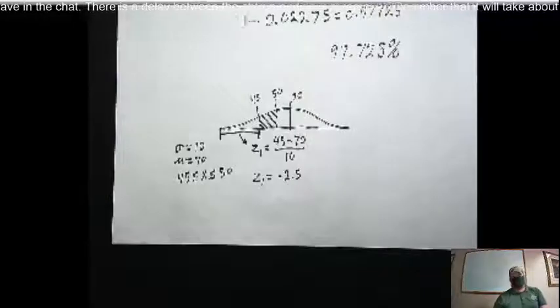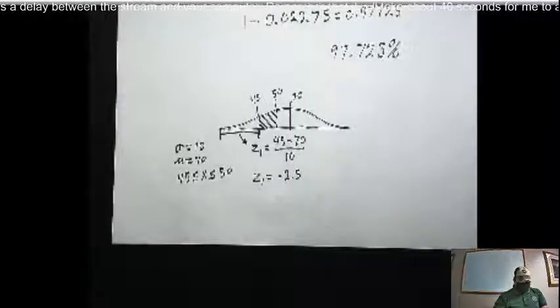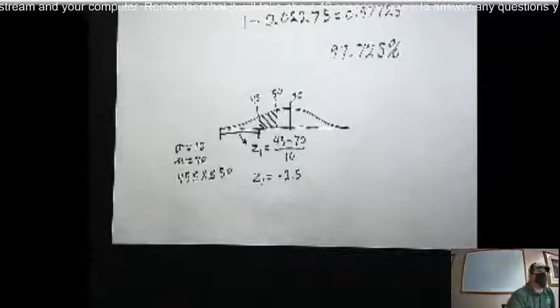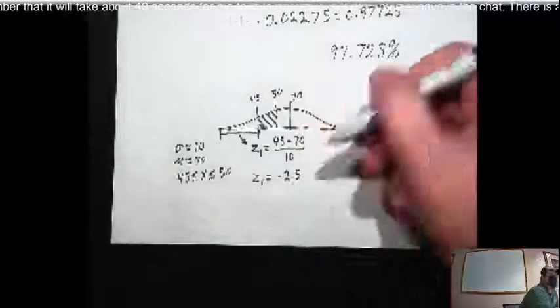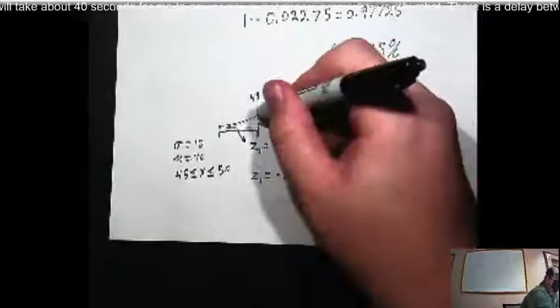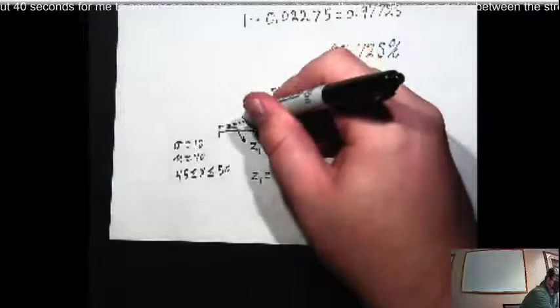Okay? Now again, what this represents is not what's in between, not what we want. This right here, if we look up its probability, is going to give us this part.